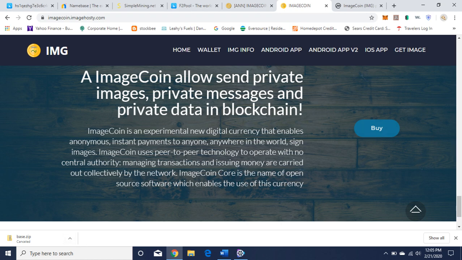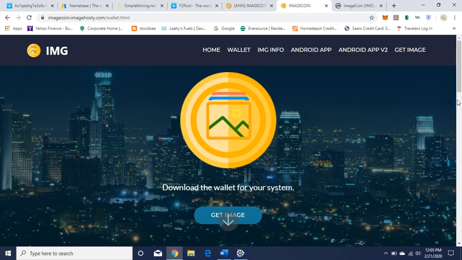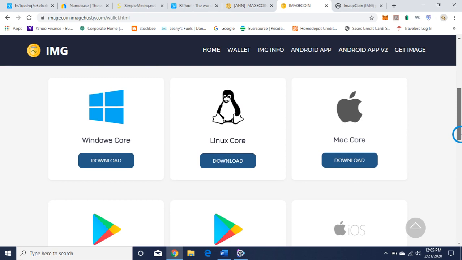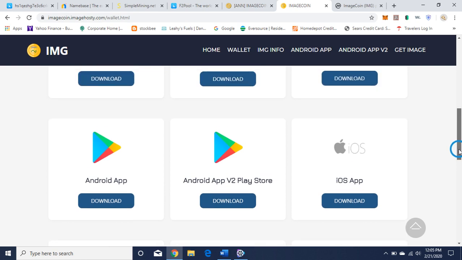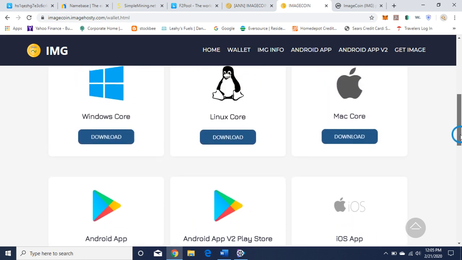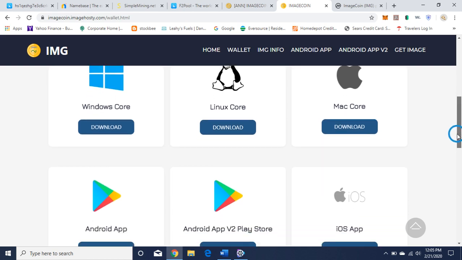And they have some information about the wallet here. They have Windows, Core, Linux, and Mac, and it looks like they have an iOS app and an Android app. I did the Windows Core wallet. Feel free to choose the one that corresponds to your liking.